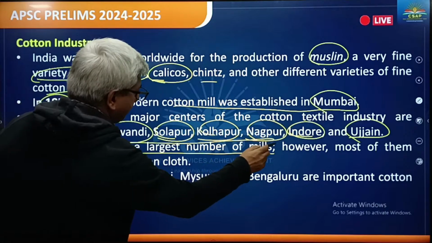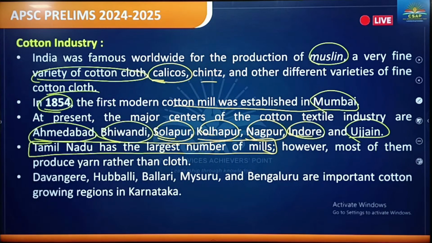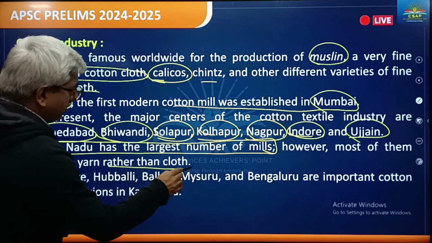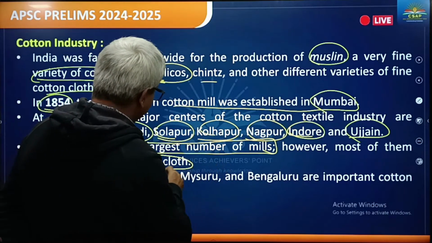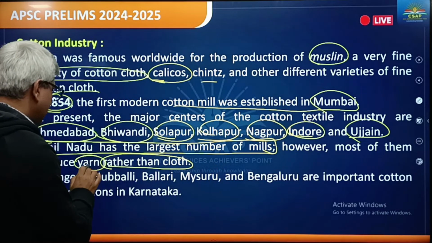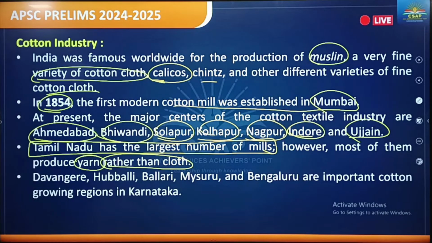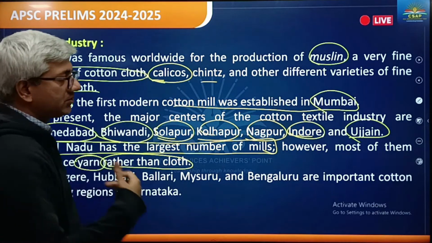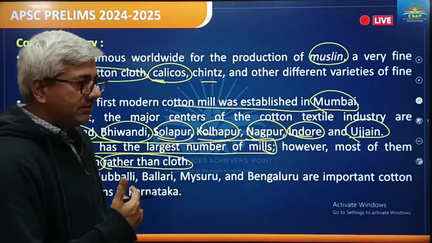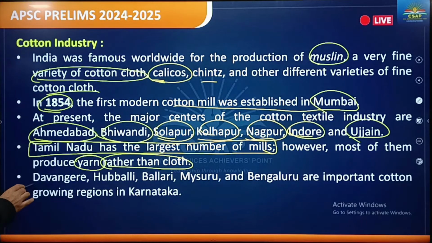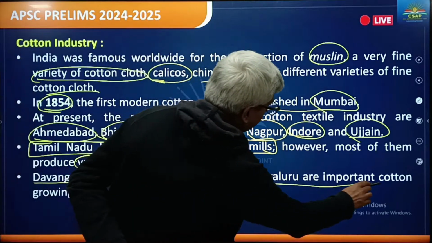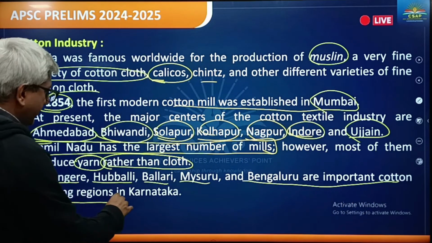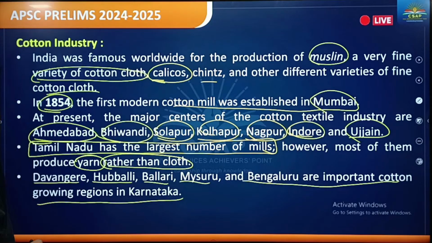However, most of them produce yarn rather than cloth. So Tamil Nadu only makes yarn, right? The mills that make cloth are in Mumbai, Maharashtra. Davangere, Hubli, Bellary, Mysuru and Bengaluru are important cotton growing regions in Karnataka.